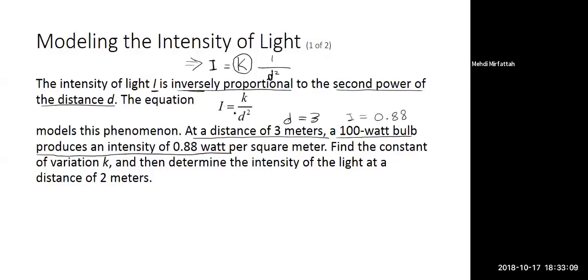So they're giving you these values at some instant. They're telling you I is 0.88 when d is equal to 3. They have to give you that in order for you to solve for k. Once you solve for k, then you can solve for any other conditions, which they usually do at the end. It says find the constant k, and once you know k, they're asking you to find the intensity of the light at the distance 2 now, which is a piece of cake. I can do that now.